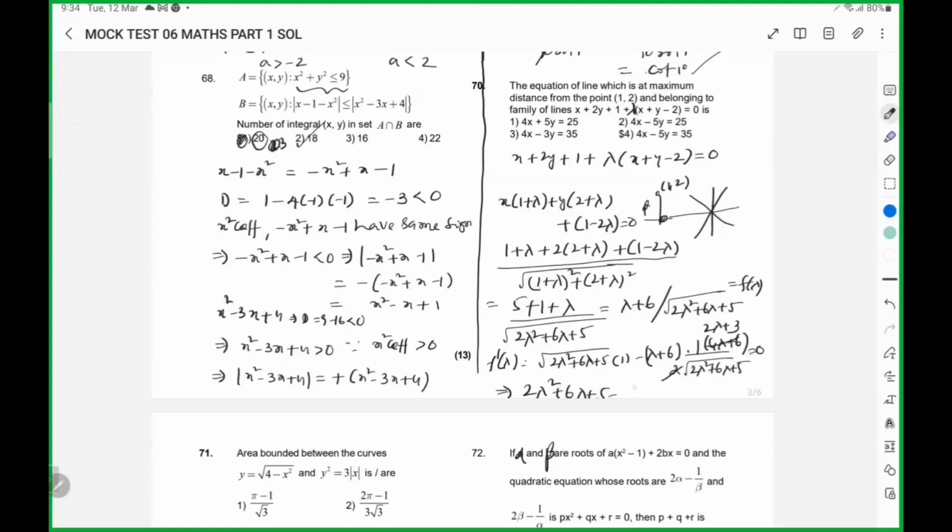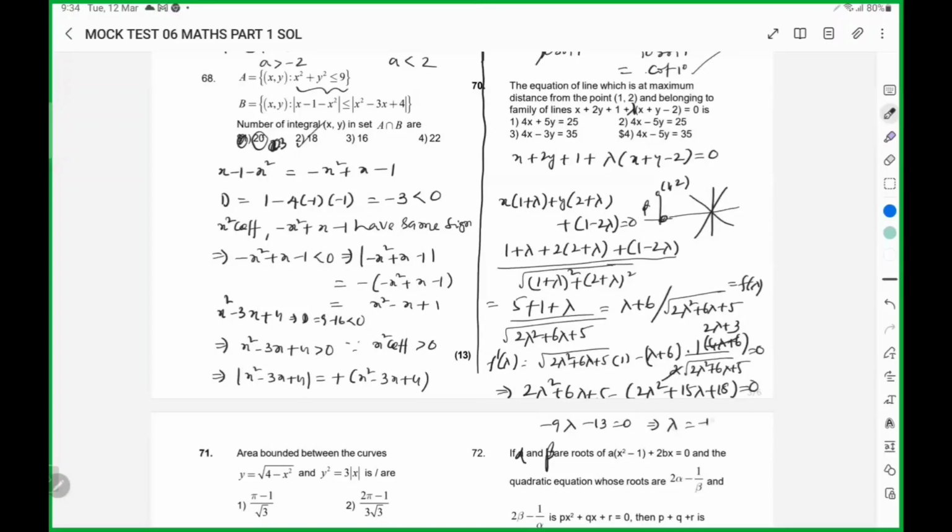Minus 3 lambda plus 12 lambda, 15 lambda plus, from here you can get minus 9 lambda, 5 minus 18.